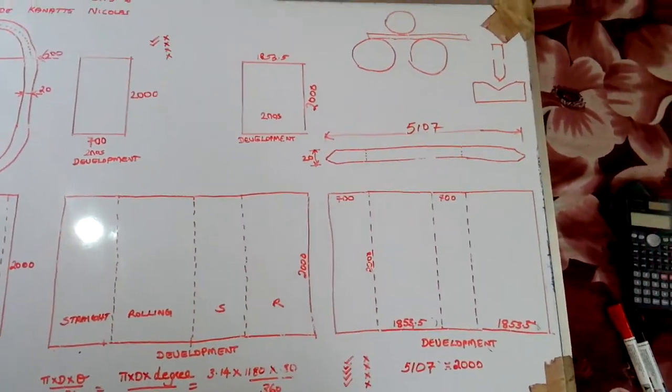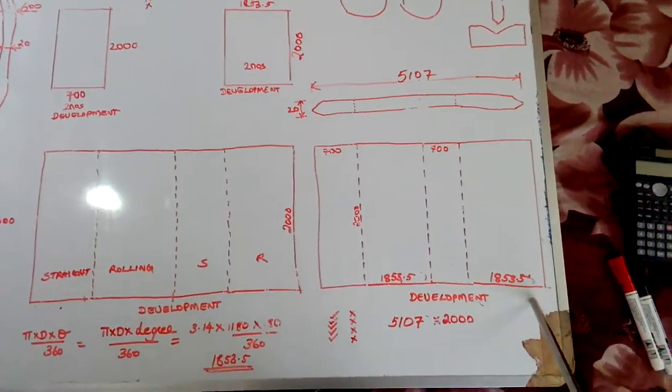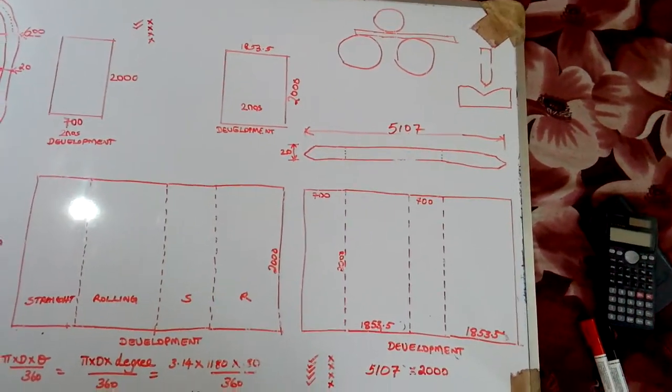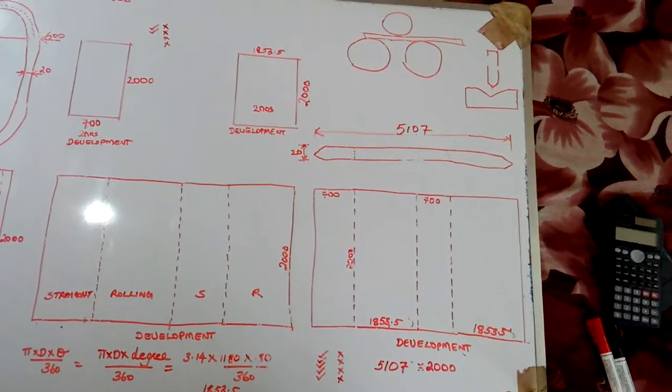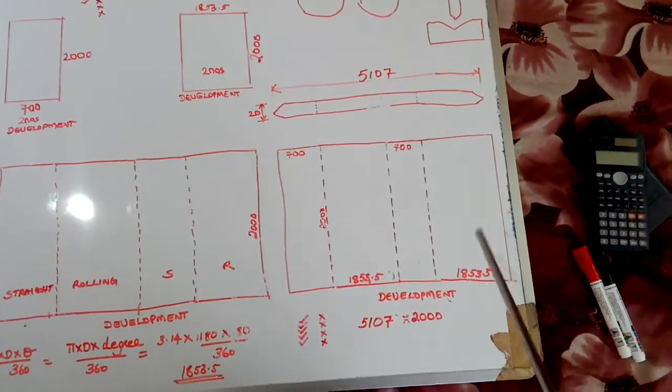So always we shouldn't take development in this way. We have to recognize the practical faults of our own company, our own engineering workshop, and we have to take its development.